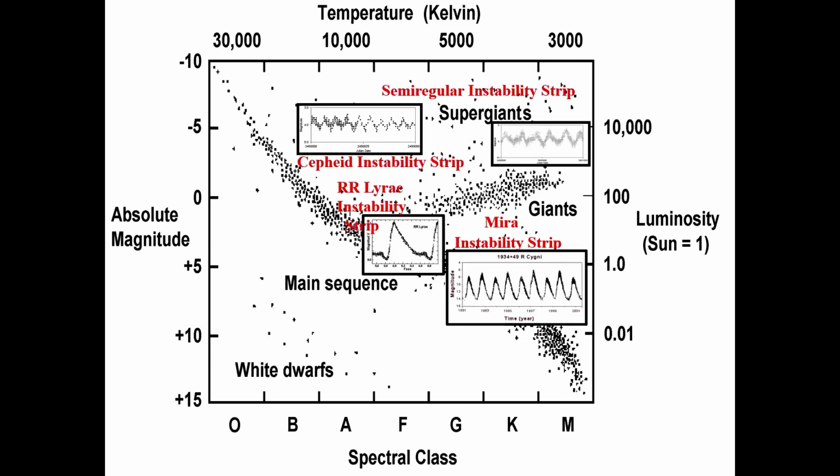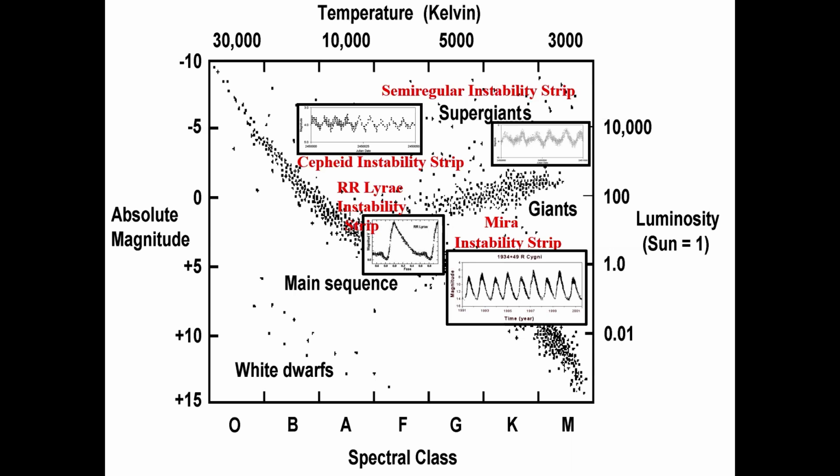This slide shows the location of the instability strips as the variable stars transition from one branch to another, because while they're in these stages of instability, some of them produce a periodic light curve as they fuse heavier and heavier nuclei. These light curves are used to measure cosmological distances. The Cepheids, the RR Lyrae, the Mira variables. There's also a group of semi-regular variables.